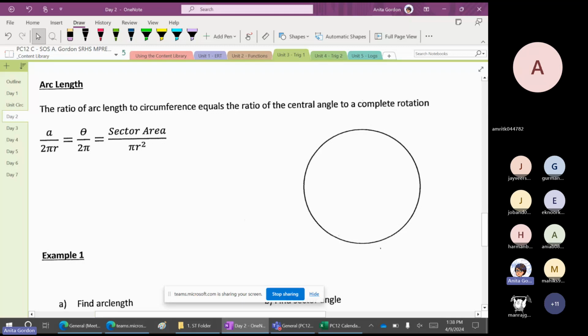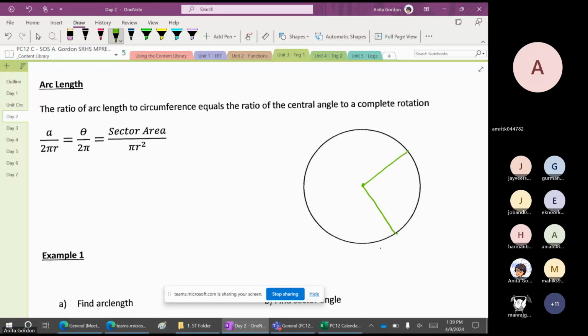Okay, so let's do a little visual example of what I'm talking about. Draw a little dot in the middle of your circle and draw the radius somewhere. And then draw a radius somewhere else, like you're cutting a piece of the circle, like a piece of pie or a pizza. So start in the middle and just cut a piece out. Okay?